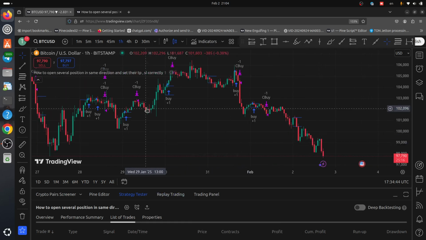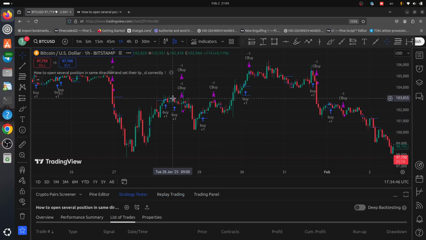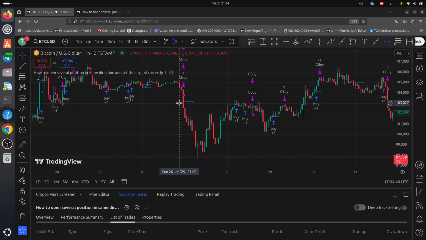But as you see, stop loss and take profit are not correct. Entry price is different here, here and here, but all exit prices are the same, so it's not correct. Because when we have an entry here, a new entry will update our entry price.